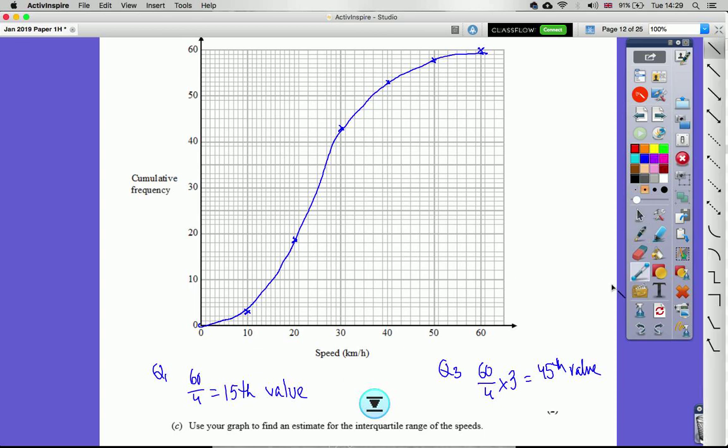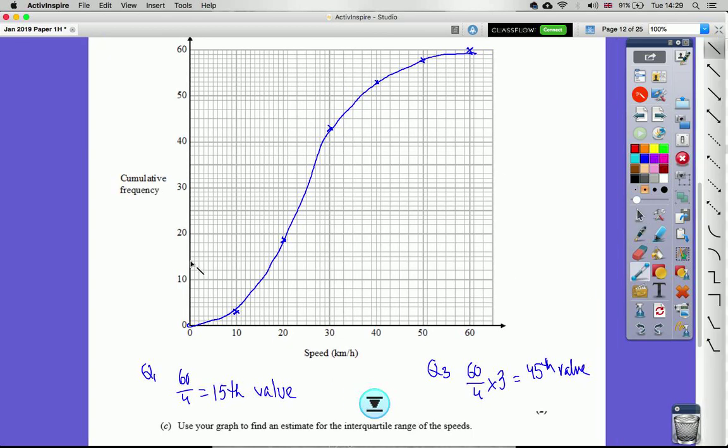So we're going to take the 15th value. The 15th value is here, and the 45th value is here.